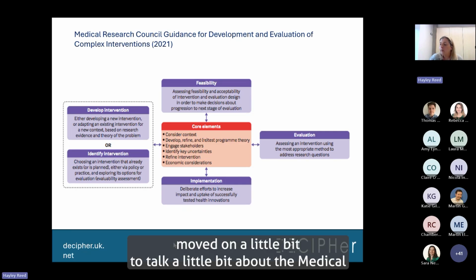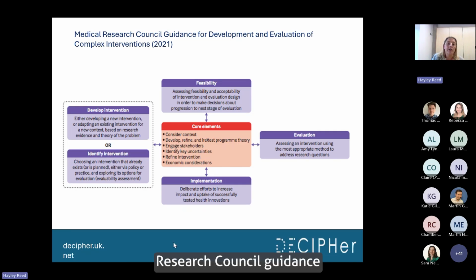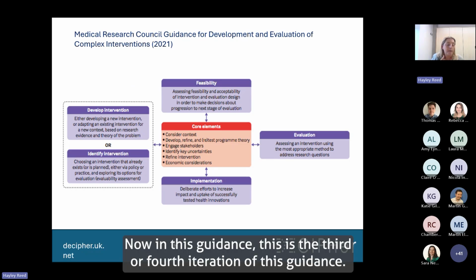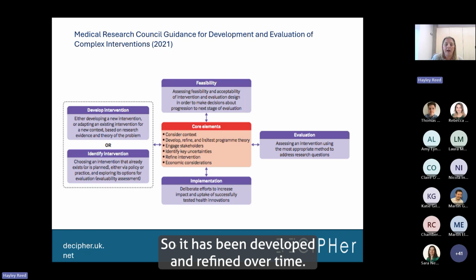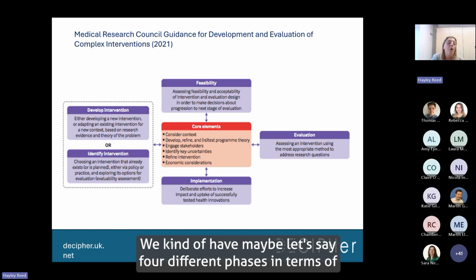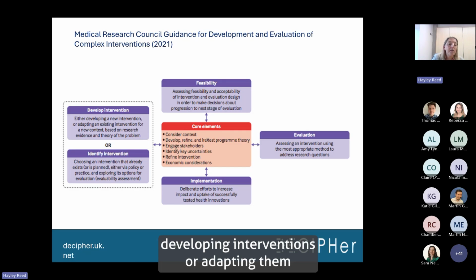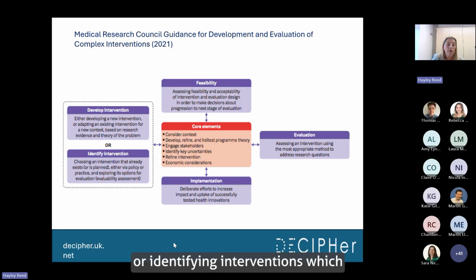I've already moved on a little bit to talk about the Medical Research Council guidance in terms of the different stages of development and evaluation of complex interventions. Now, in this guidance, this is the third or fourth iteration, so it has been developed and refined over time. We have maybe, let's say, four different phases in terms of developing interventions or adapting them, or identifying interventions which are already in place.